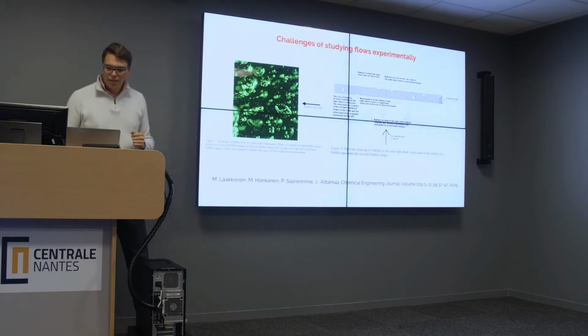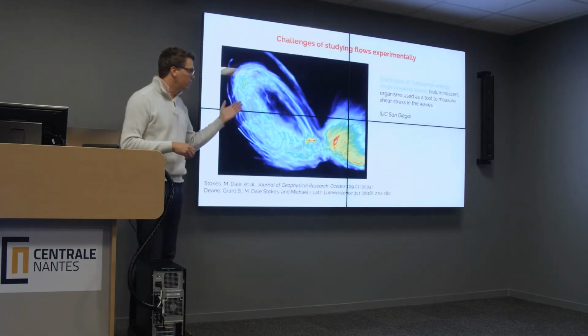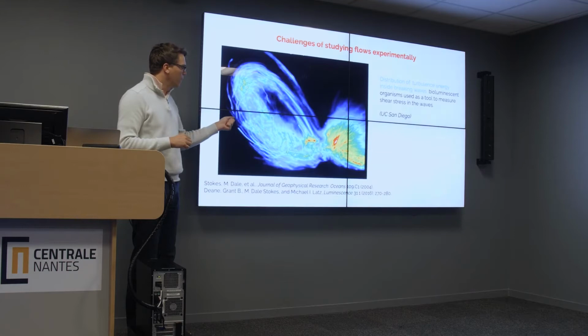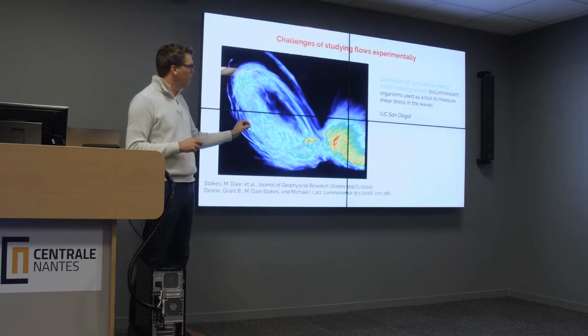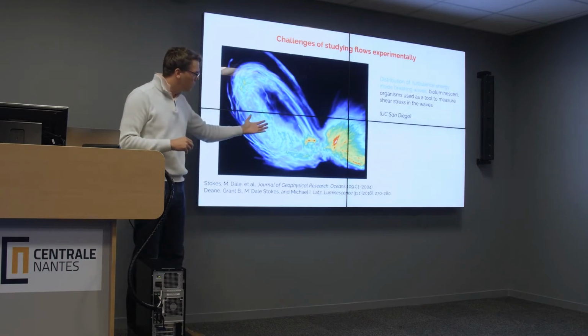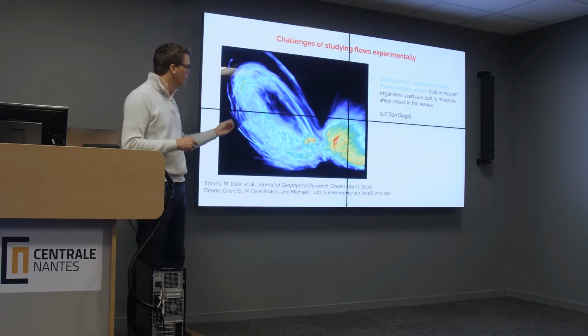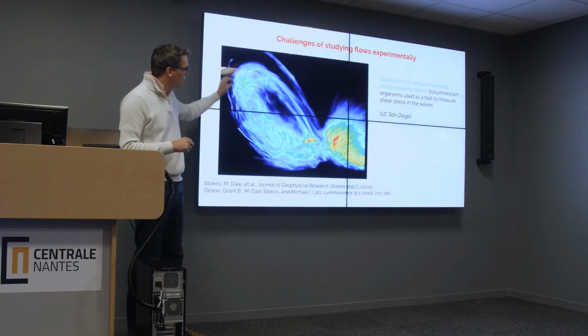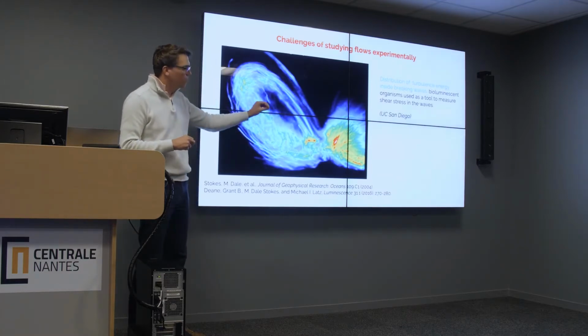Another technique, to show you the complexity, uses luminescence from biological elements inside the flow, and we take their light and we are able to visualize energetic structures of the turbulent flow.